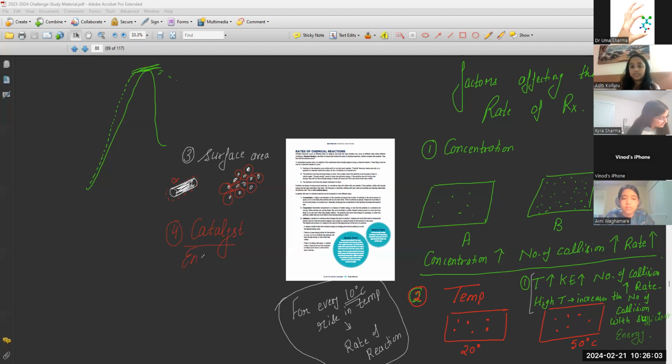All enzymes are catalysts. Generally, the term is used only for increasing the rate of the reaction. Otherwise, they can decrease the rate also.